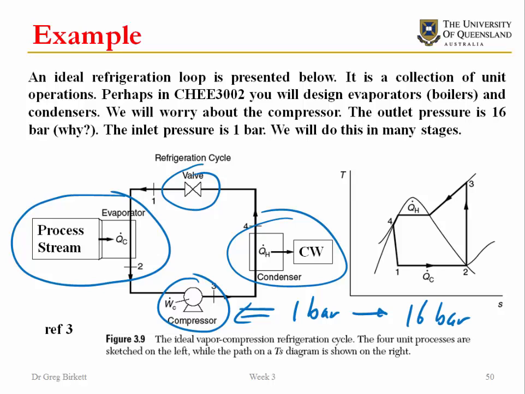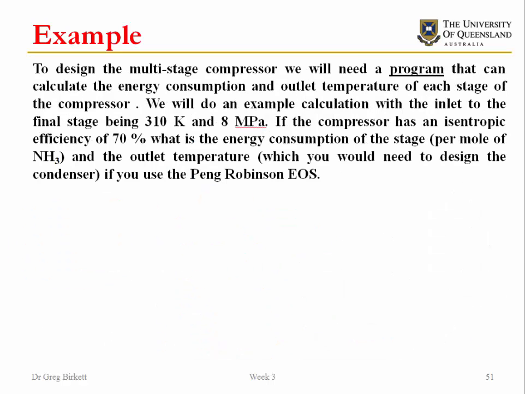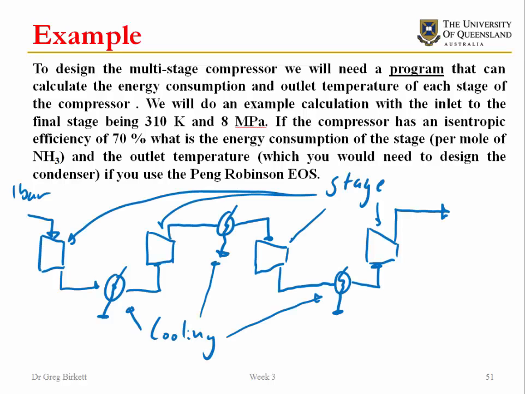Now, to increase the pressure by that amount is impossible to do in a single stage. So what we have instead is a multiple stage compressor, where we have our gas coming in at 1 bar, and then it goes through 1 compression stage, 2 compression stages, 3 compression stages, 4 compression stages, until it comes out at 16 bar.